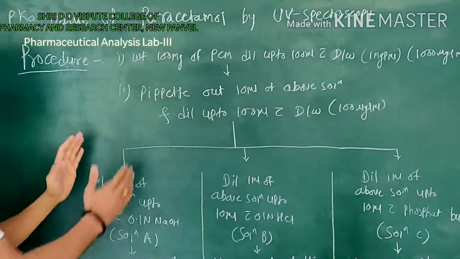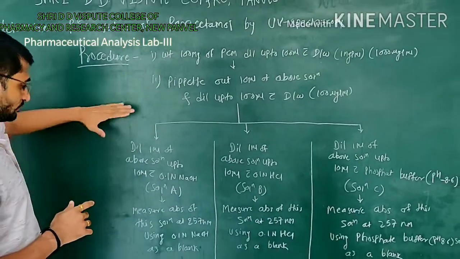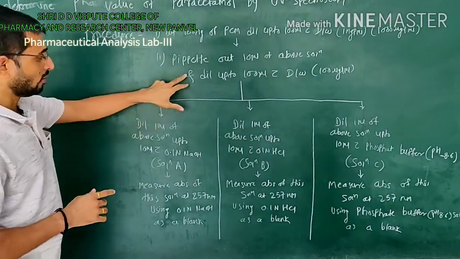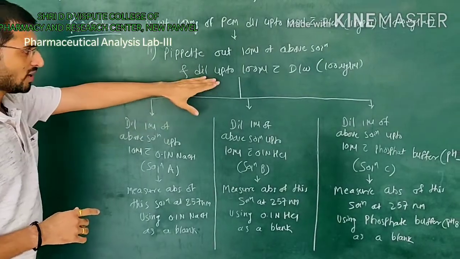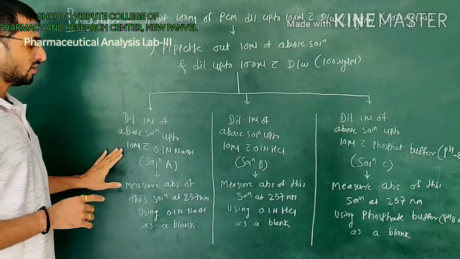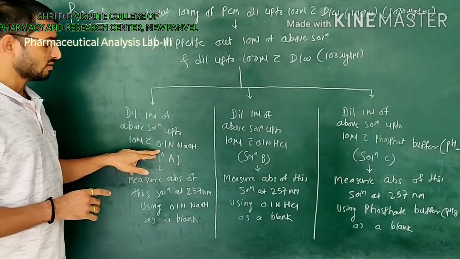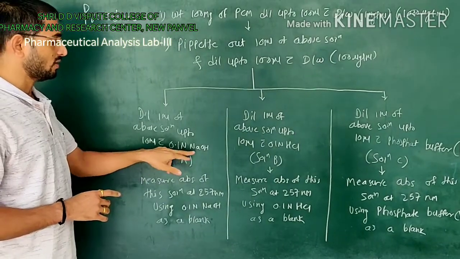Use this solution and prepare 3 different dilutions using 3 different solvents. First, take 1 ml of this solution, having the concentration 100 microgram per ml, transfer it to a 10 ml volumetric flask and make up the volume up to 10 ml with 0.1 normal NaOH.